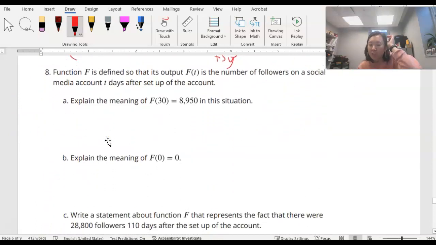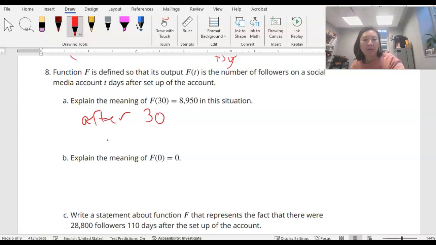Another review question. Function f is defined so that its output, f of t, is the number of followers on a social media account t days after setup of the account. Explain the meaning of f of 30 equals 8,950. So this is after 30 days, there are 8,950 followers.